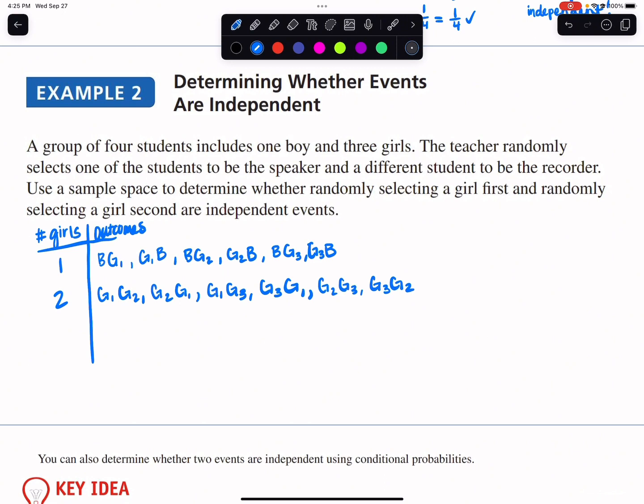Now we're going to figure out if the 2 events are independent. So the first probability is randomly selecting a girl first. So the probability of a girl first. I'm going to look at all my ones where I have a girl first.